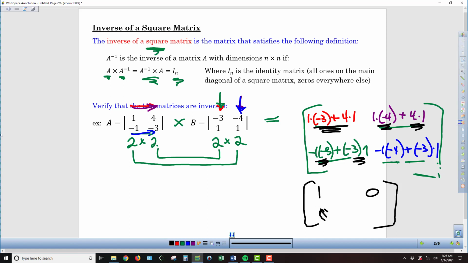That's supposed to be a 0 there. And then 4 plus -3 gives us 1. And so indeed we end up with an identity matrix. Ones on the main diagonal from top left to bottom right, and zeros everywhere else. So these two matrices are indeed inverses.